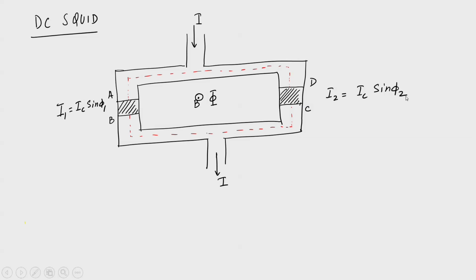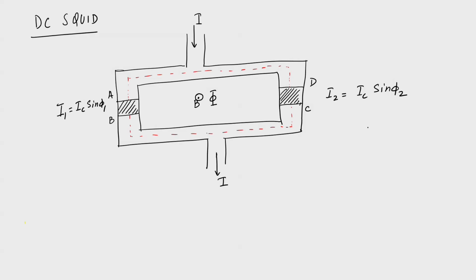These are the currents that flow through the Josephson junctions, which are the tunnel barriers, and for convenience we have taken the I c to be same, assumed to be same through both the Josephson junctions.